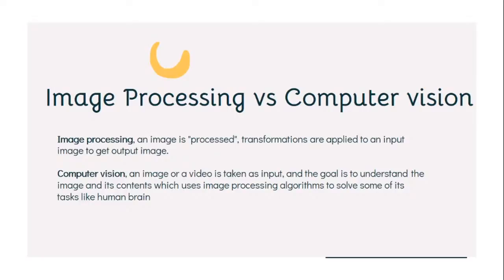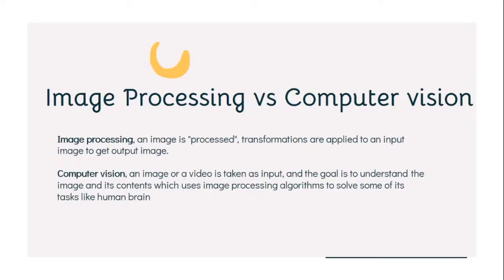But in computer vision, an image or video is taken as an input, and the goal is to understand the image, like what its content is. For example, I'm going to take one mobile phone with me. Any input can be taken, an image or a video.